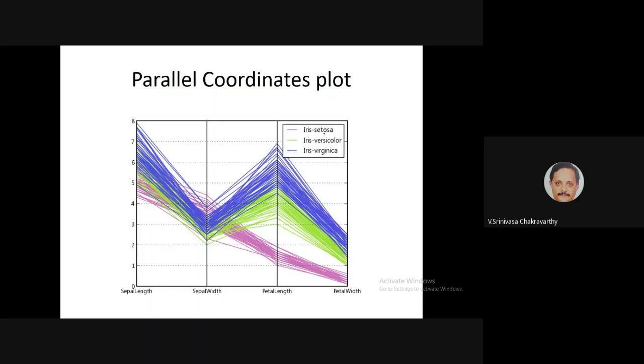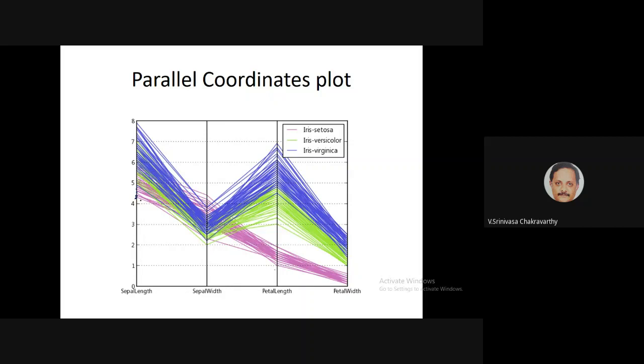Now let's take one flower, Iris setosa, and use purple color to denote this flower. Take all the sepal length values for this flower and mark them like this. Similarly, take the corresponding sepal width values of the same flower and mark them as points on the second vertical line. Similarly, petal length and petal width on their vertical lines.